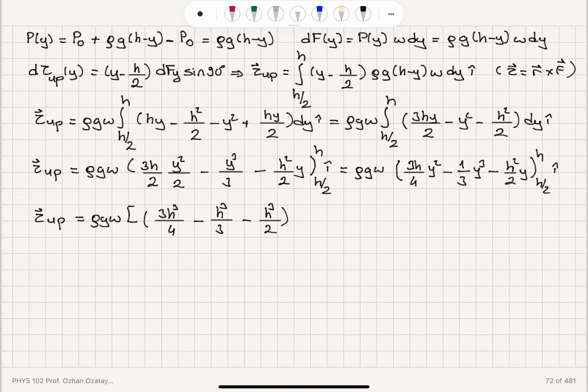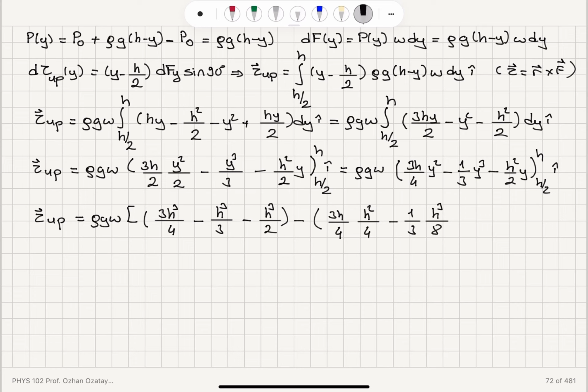So minus, now I put h over 2 for y squared. I'm going to get 3h over 4 multiplied by h squared over 4, minus 1 over 3 y cubed, which is h cubed over 8.